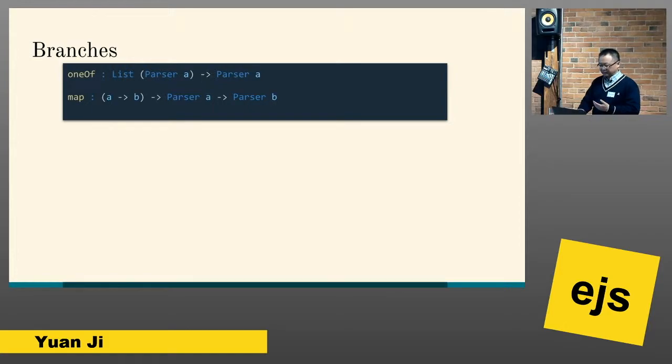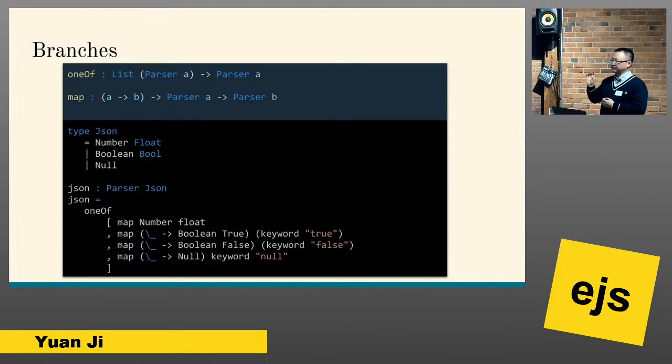For example, we have the JSON literal. A JSON literal can be different things. It can be a number, it also can be a boolean, or it's just a null. Think about the three situations. So I give you a JSON literal.